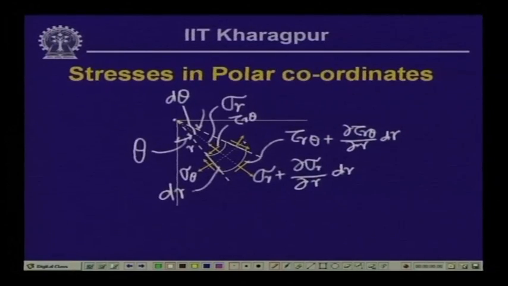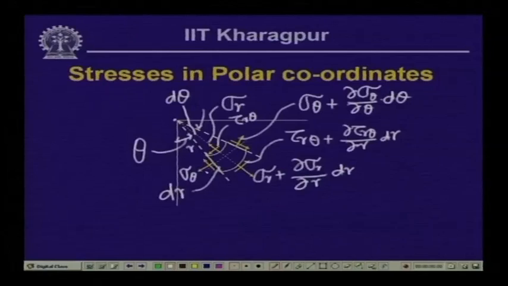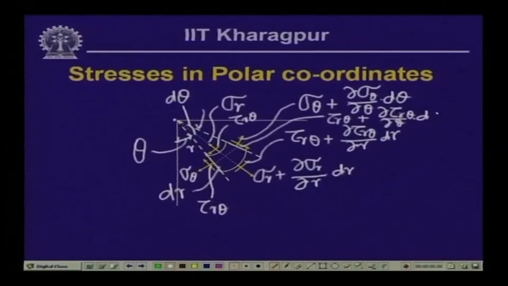So, on this particular surface the normal circumferential stress is equal to sigma theta plus del sigma theta del theta over d theta, and the shearing stress acting on this surface is tau r theta, which is equal to tau r theta plus del tau r theta del theta over d theta.